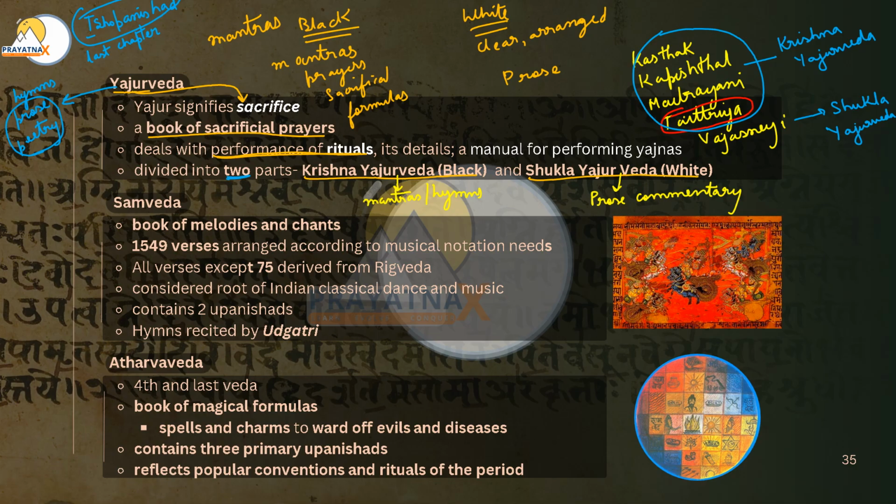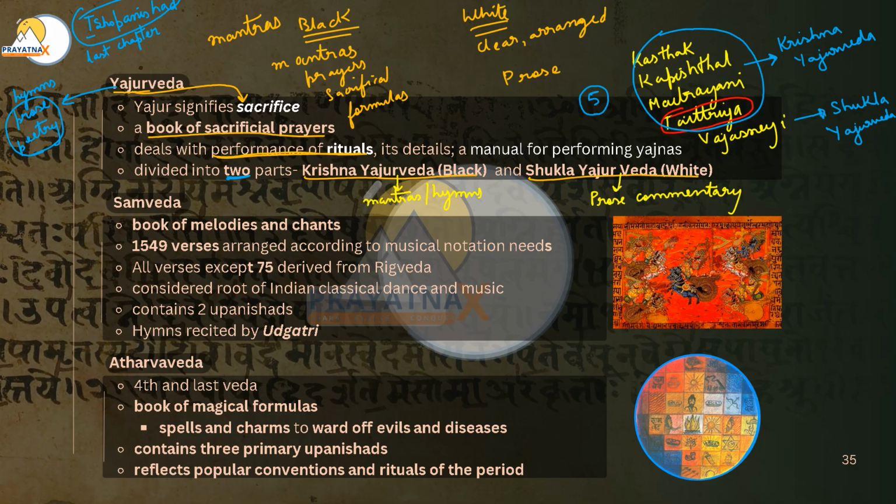Now, the branches of Yajurveda are of 5 types. Out of these, the Kashtak, Kapishthal, Maitrayani, and Taittiriya are part of the Krishna Yajurveda, whereas Vajrasneyi is part of Shukla Yajurveda.